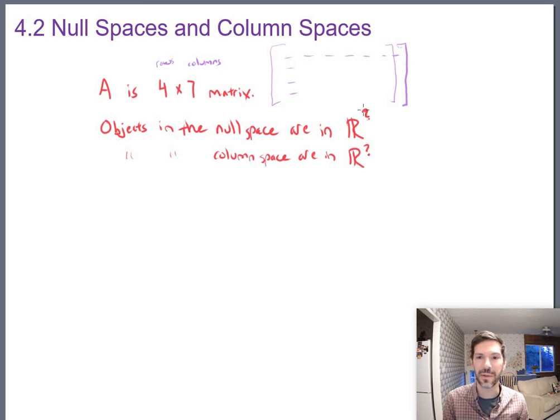So null space objects are 7-dimensional vectors to give you instructions to combine 7 columns. On the other hand, column space vectors are just some combination of the columns. So when you add an R4 vector to another R4 vector to another R4 vector, you get an R4 result.